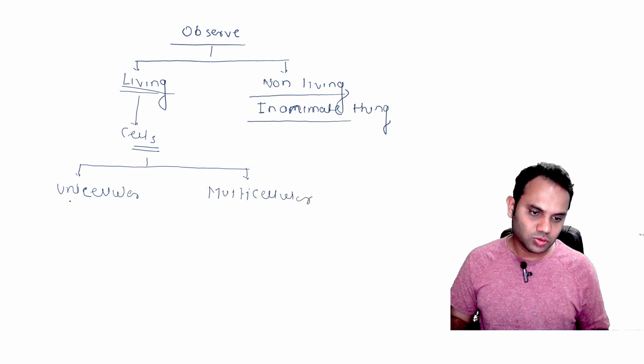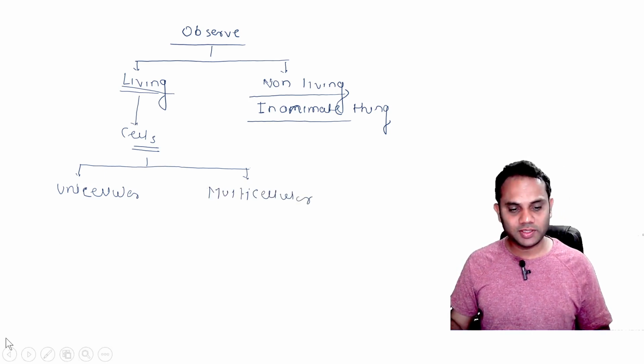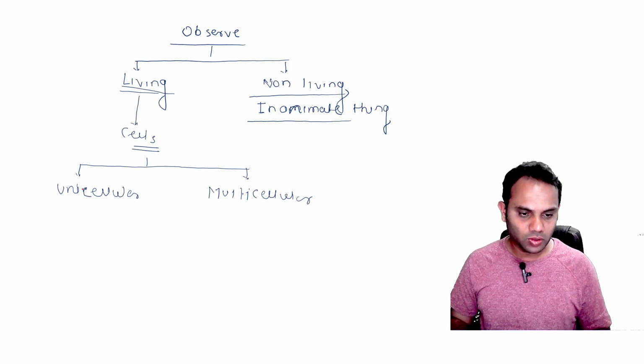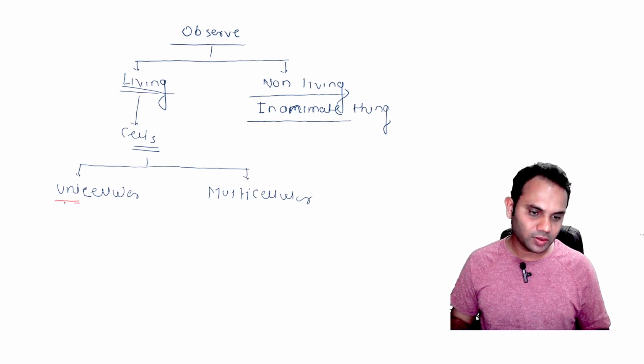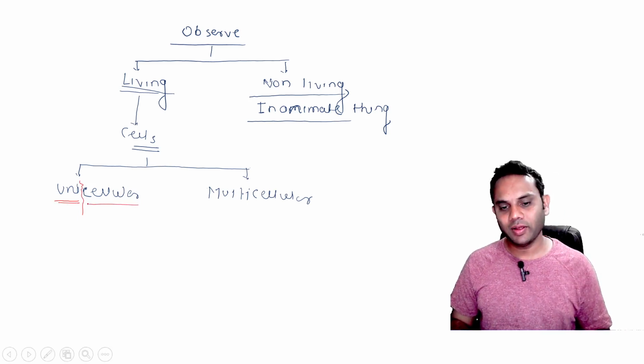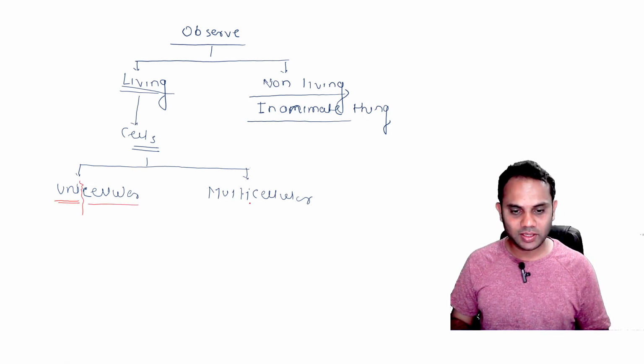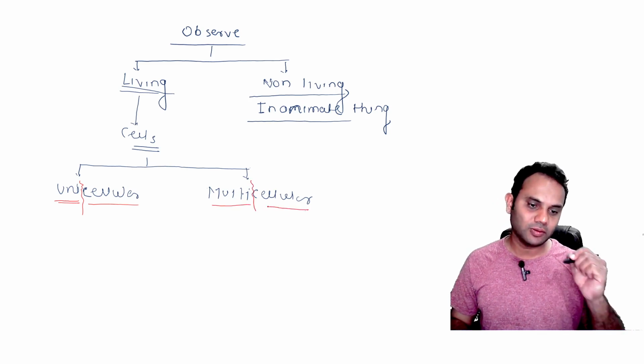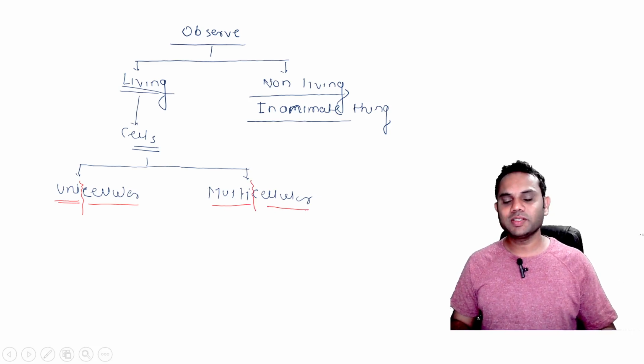If we carefully observe these two words, we'll come to know that this word unicellular is made up of two different words: uni and cellular. In the same way, multicellular is again made up of two different words, multi and cellular.